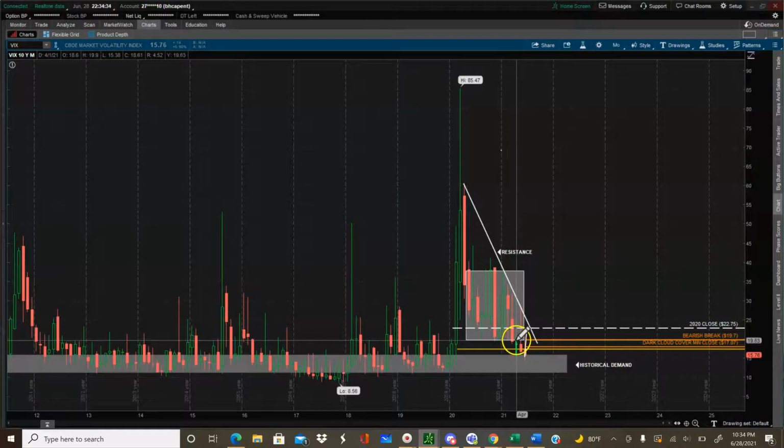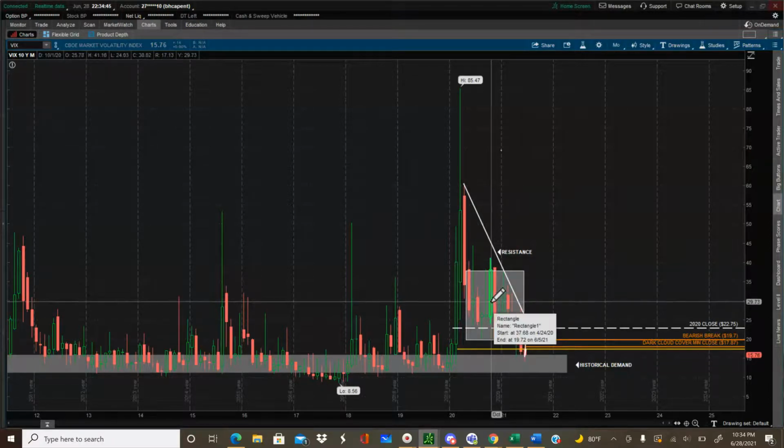Okay, so also for the month of April, the price broke down out of this box that I identified on a previous analysis.